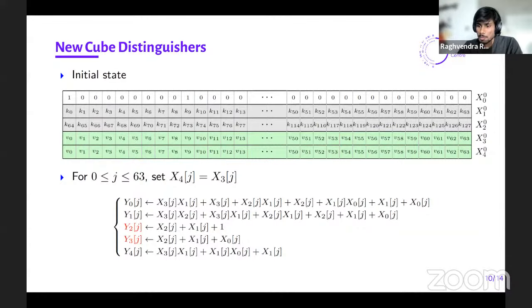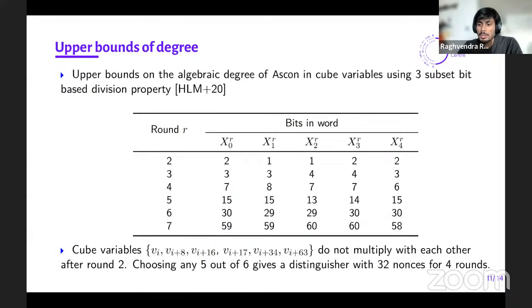So we model this explicit behavior using the 3-subset division property and then compute the upper bounds of the algebraic degree. We find that after 7 rounds, the maximum algebraic degree is at most 59. So basically we can select any 60 cube variables out of 64, and this will give you a distinguisher.